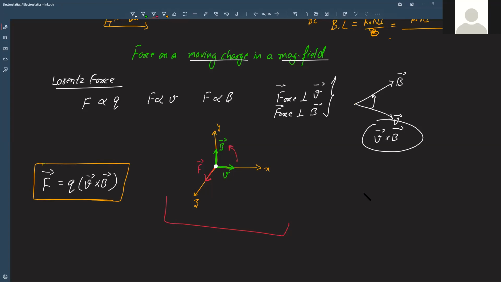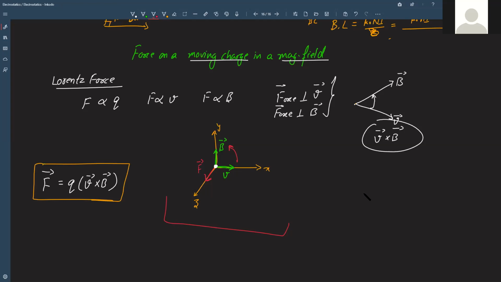Your fingers, the right hand, the four fingers, all those fingers should actually be in the direction of this curved red arrow, which is going from x-axis towards y-axis.